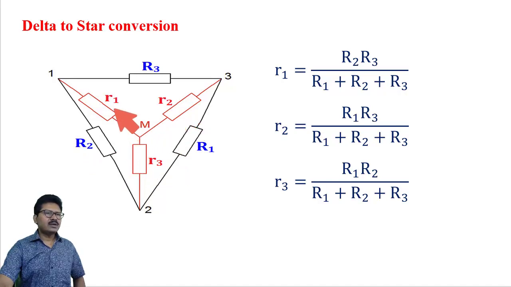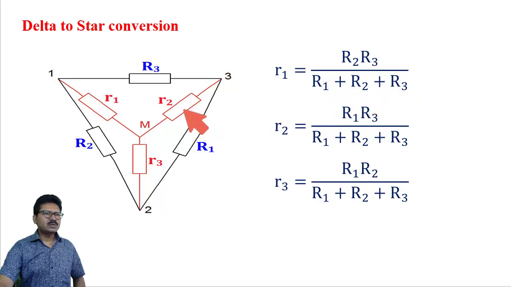So what will be the value of r1, r2 and r3 in star structure? r1 is equal to product of two attached resistances. Which one is attached? This r1 is attached with this R3 and R2. So r1 is equal to R2 R3 divided by R1 plus R2 plus R3.